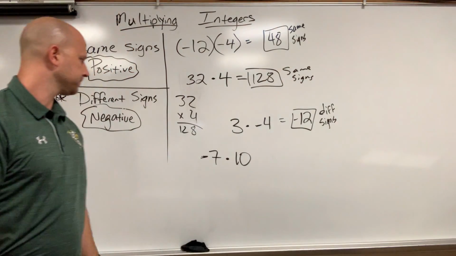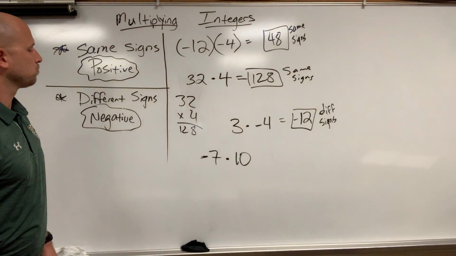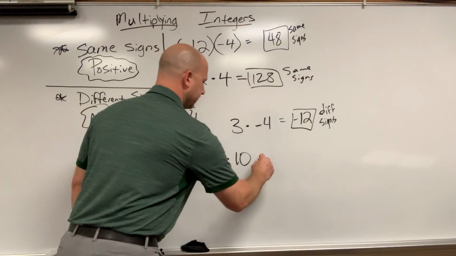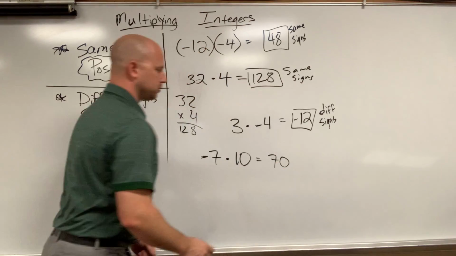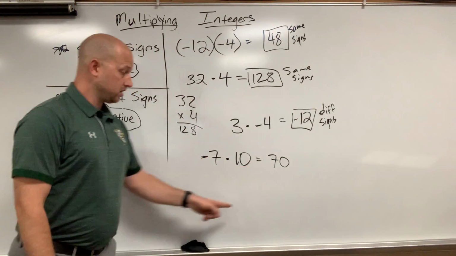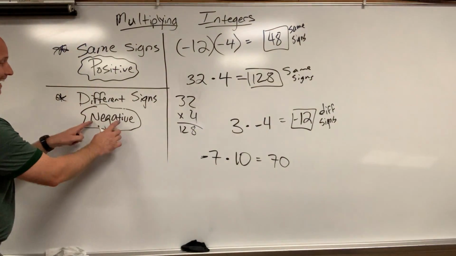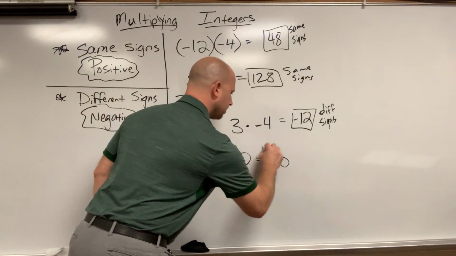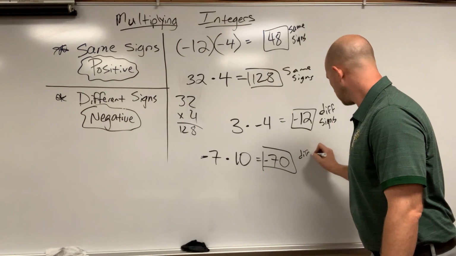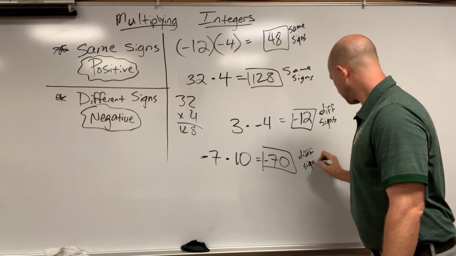Go ahead. If you did this correctly, we're just multiplying. 7 times 10 should be a rather simple multiplication for us. 70. Negative times a positive, different signs. Different signs are negative. Negative 70 is our answer, and then you write different signs.